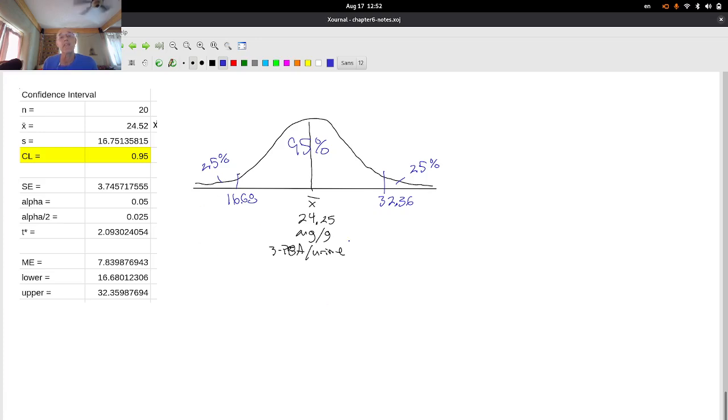So we are 95% confident that the difference of the amount of 3-PBA in their urine switching from non-organic to organic food is somewhere between 16.68 micrograms per gram and 32.36 micrograms per gram.